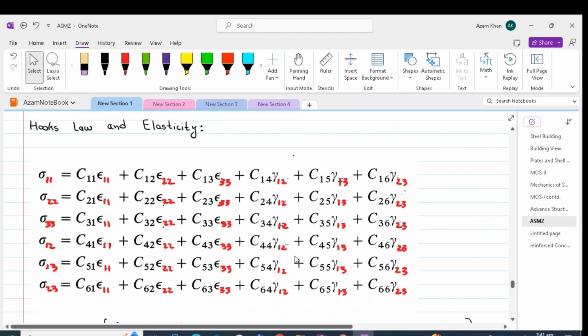Please note that in the case of stresses and strains, we actually have nine components. However, the components sigma 21, sigma 31, and sigma 32 are equal to sigma 12, sigma 13, and sigma 23. If they were not equal, then we would have had every stress equal to nine components of strain, and in turn we would have nine stress equations.